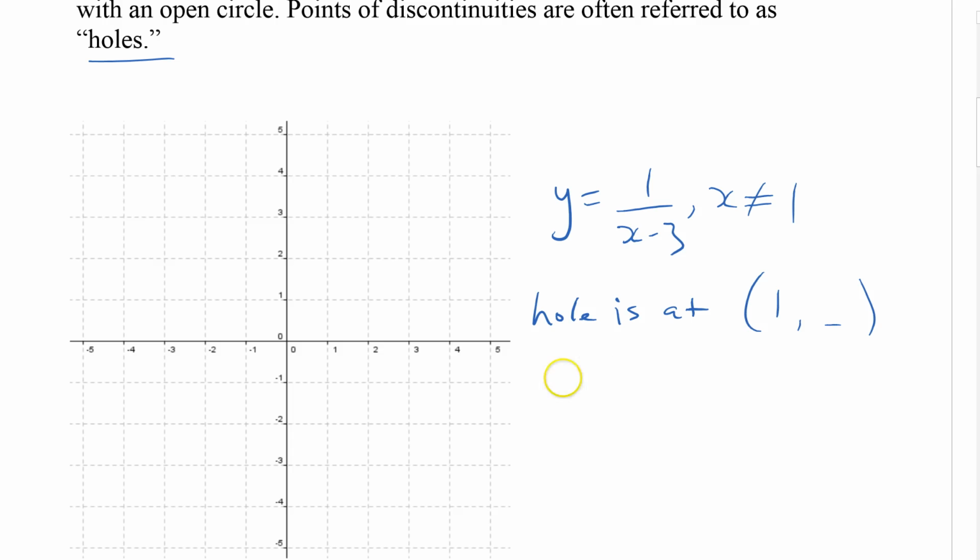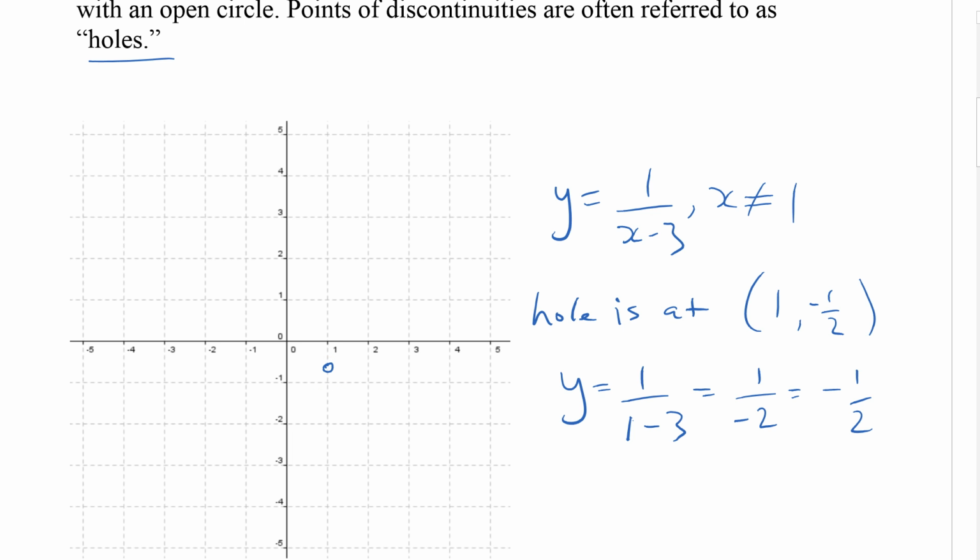If I take y is equal to 1 over x minus 3, and I substitute a negative 1 in for x, then I'm going to get 1 over negative 4, so I'll get negative 1/4. So when x is negative 1 and y is equal to negative 1/4, right here I'm going to put a little circle to show my hole.